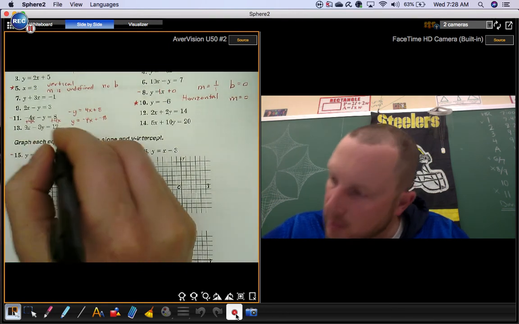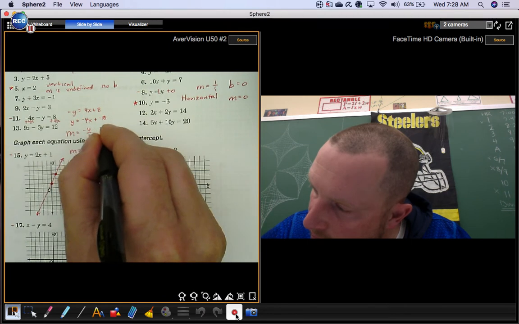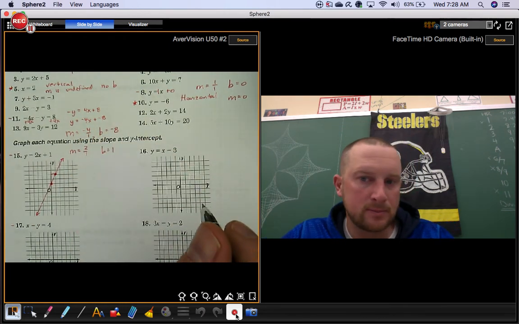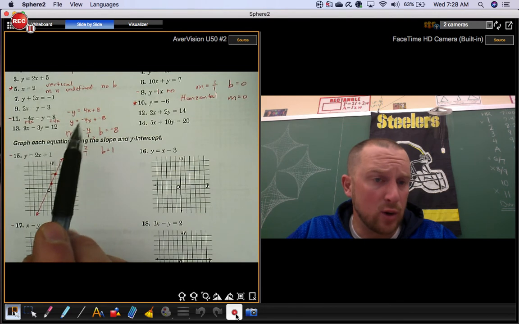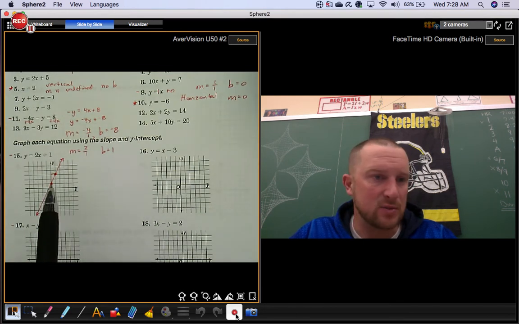That's your y-intercept. So I'm going to write down my slope as negative 4 over 1, and my y-intercept as negative 8. Sometimes you need to do a little bit of work to find your slope and y-intercept. It's not always as easy as problems like this.